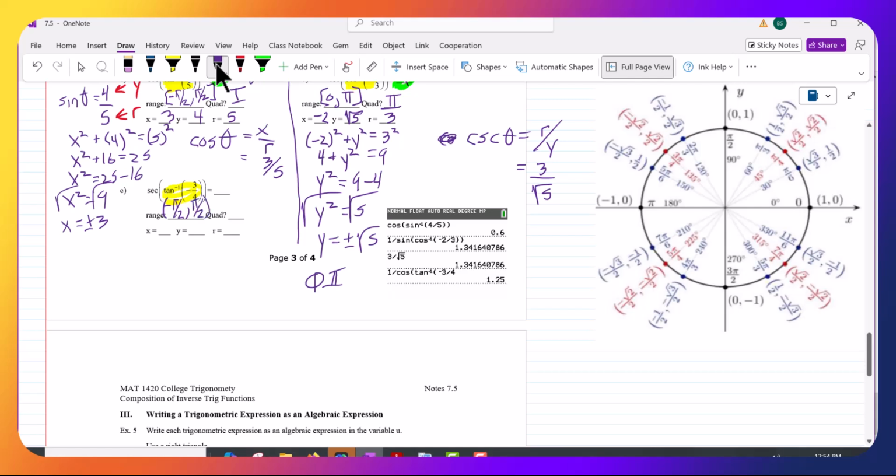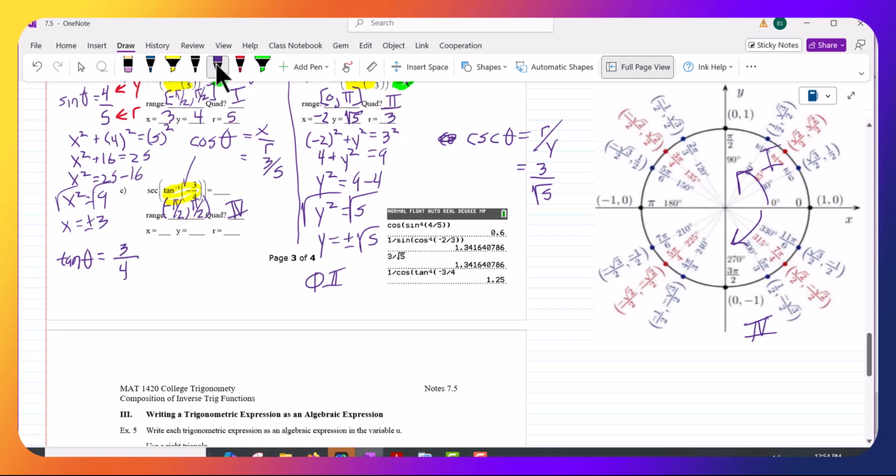That means you're either in quadrant 1 or you have a negative angle that's in quadrant 4. Tangent is positive in quadrant 1, and since we have a negative, that forces us to be in quadrant 4. So we were really given tangent theta equals negative 3 over 4.